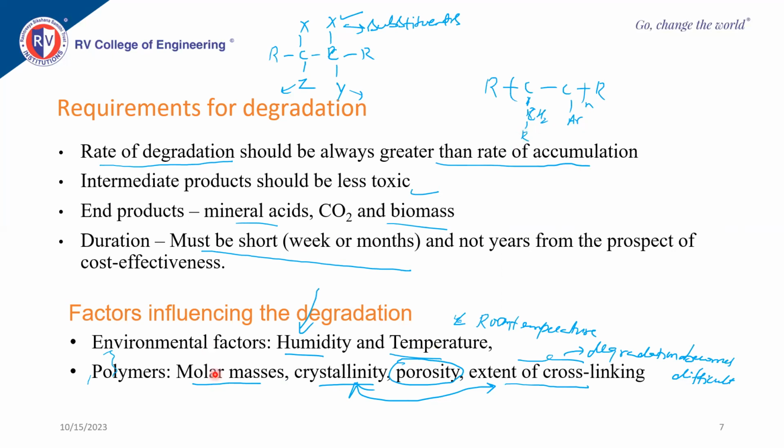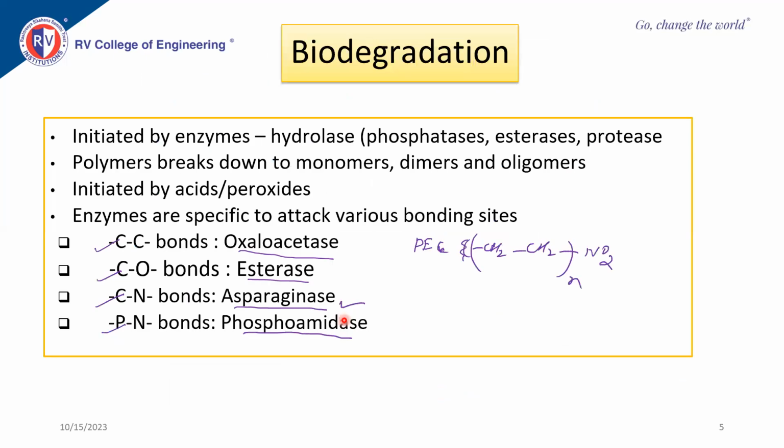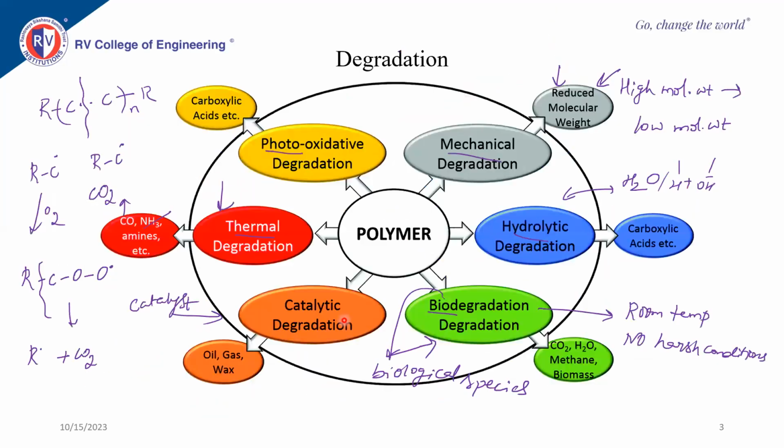Molar masses: if the molecular weight of the polymer is very high, high molecular weight polymers are very difficult to degrade compared to low molecular weight polymers. Porosity: porous refers to a cavity-like structure within the polymers. If it is porous and can accommodate water molecules, then water molecules can enter into those polymers and initiate hydrolytic degradation.